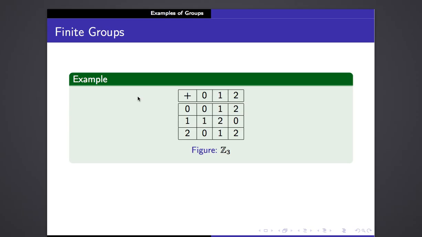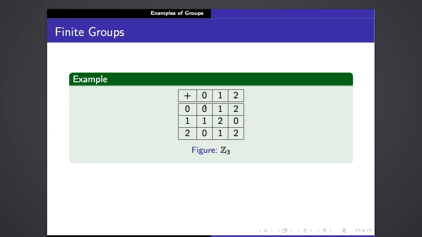The remainder can be 0, 1, and 2. So Z sub 3 has 3 elements, 0, 1, 2. Okay?